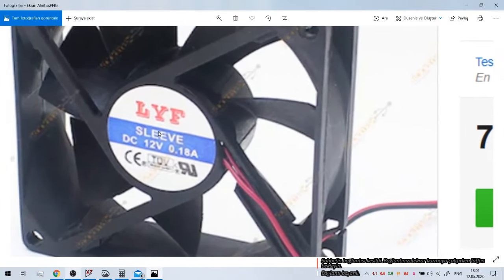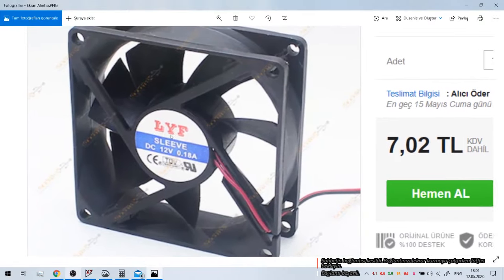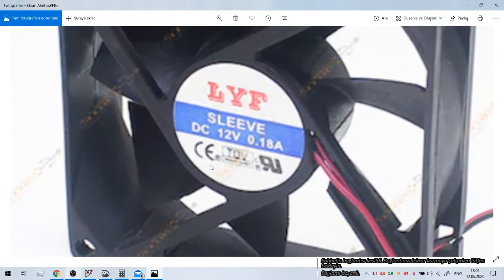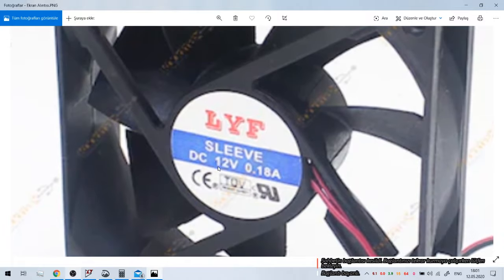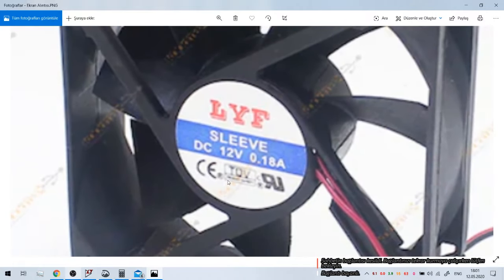This is maybe the worst one, but it is enough for our system, and it says DC 12 volt and 0.18 amp. We need to control this. How can we do this?